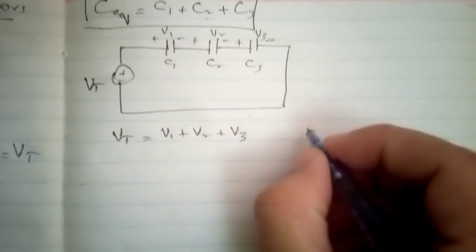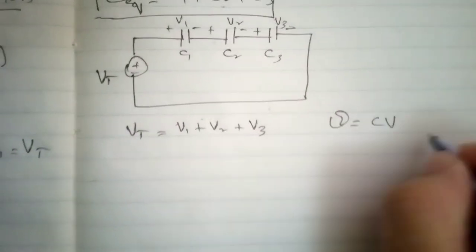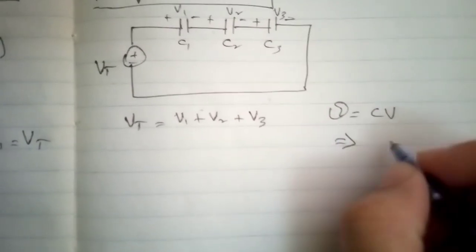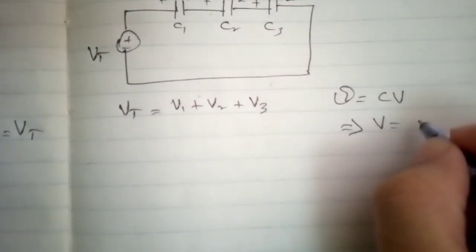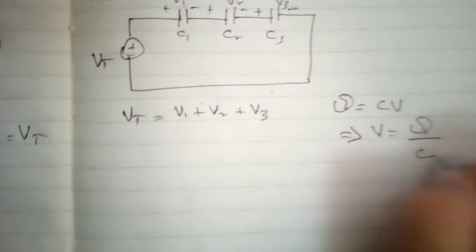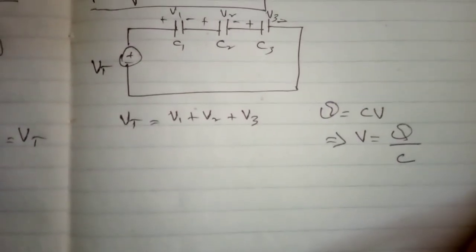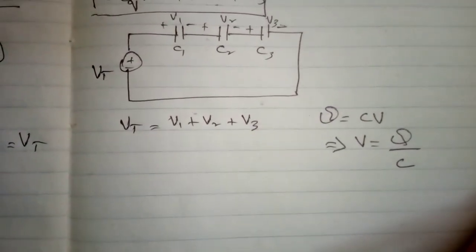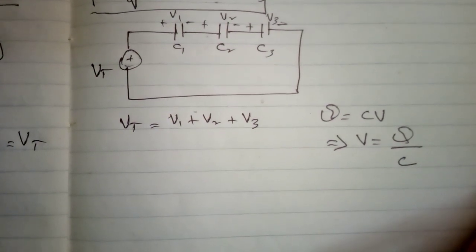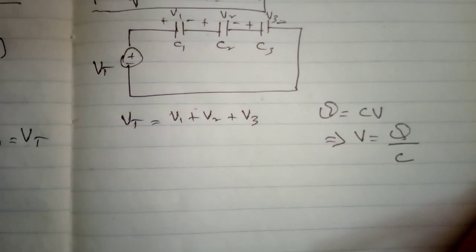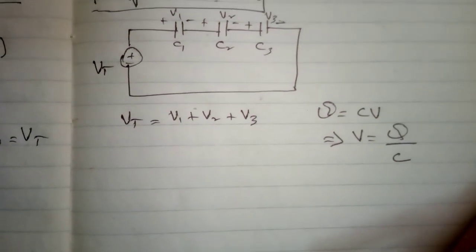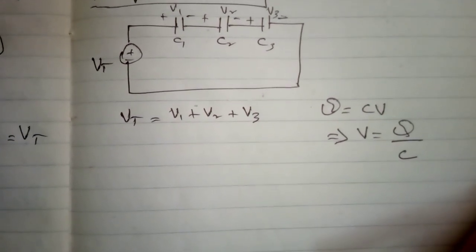Now you know the formula Q is equal to CV. If I write this formula for voltage, then it will become like this: V is equal to Q upon C. So here charge is constant, charge remains same for C1, C2, C3.